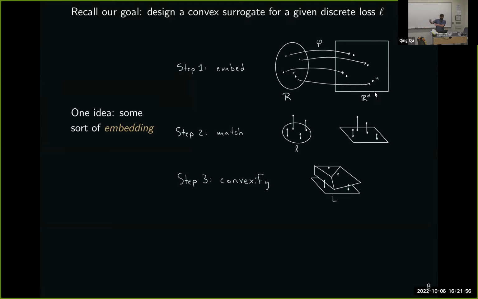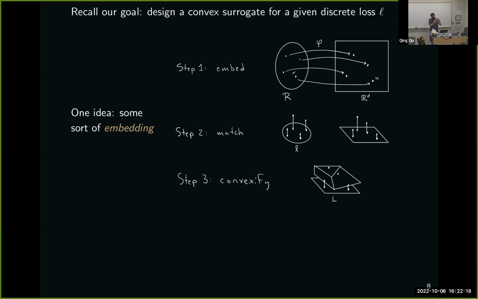So you embed them using this function phi. And on these points, you match up the surrogate and the target loss, so you make sure that the loss values match. And then the mysterious step is you somehow convexify this in a way that makes it all work.